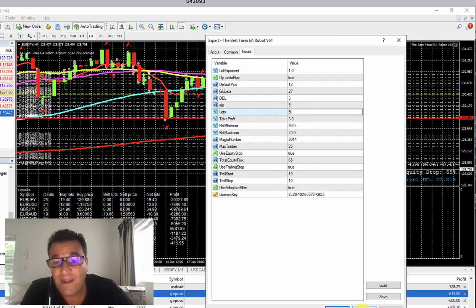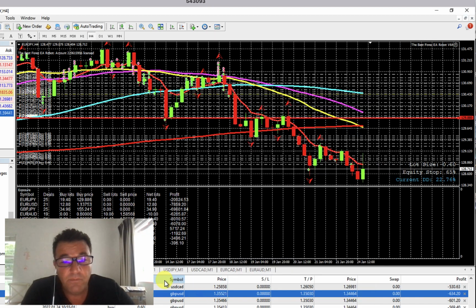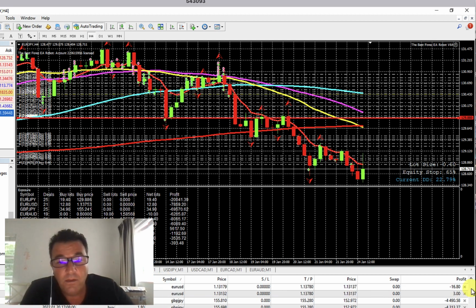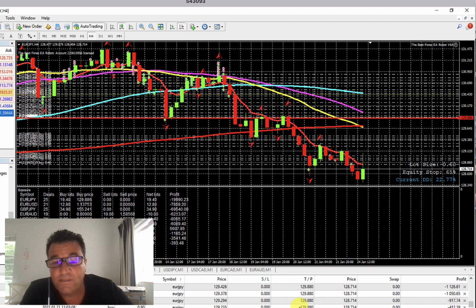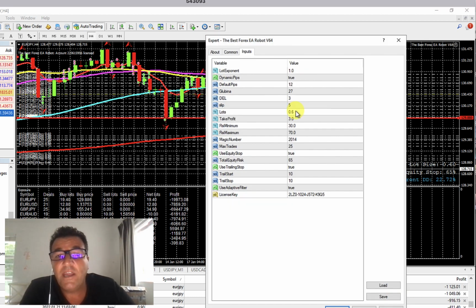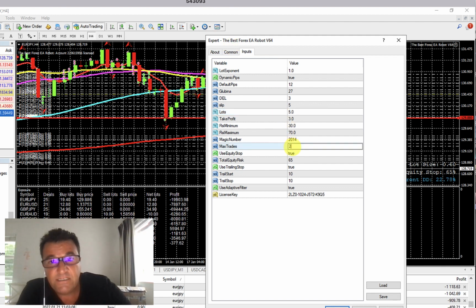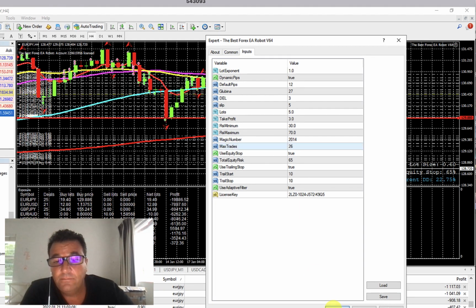Okay, so before I do that, I'm going to arrange this in symbols again, because I want you to see in real time what happened. So that all the take profits are 129.80, and now we're going to change this to a 5 lot, and we're going to change this to 26, and we're going to click OK.